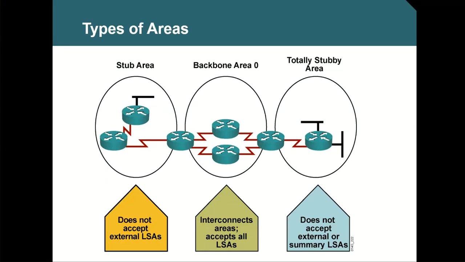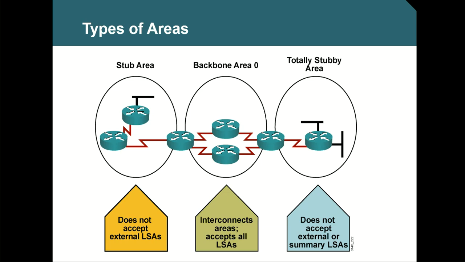When you configure an area as a stub area, type 4 and 5 are not permitted inside that area. The reachability to external networks will be via a default route that is dynamically injected into all the routers in the area by the ABR.